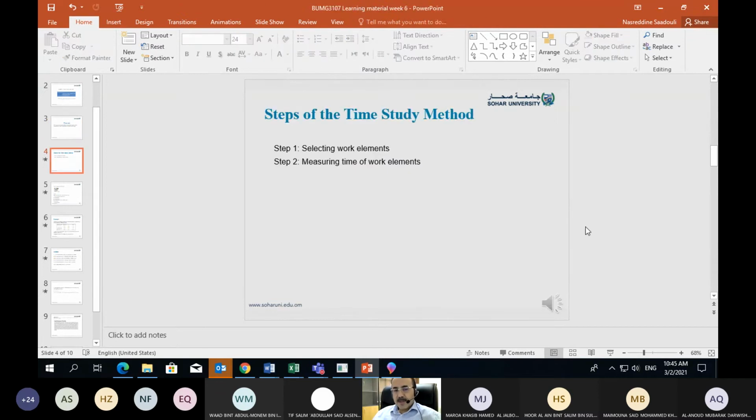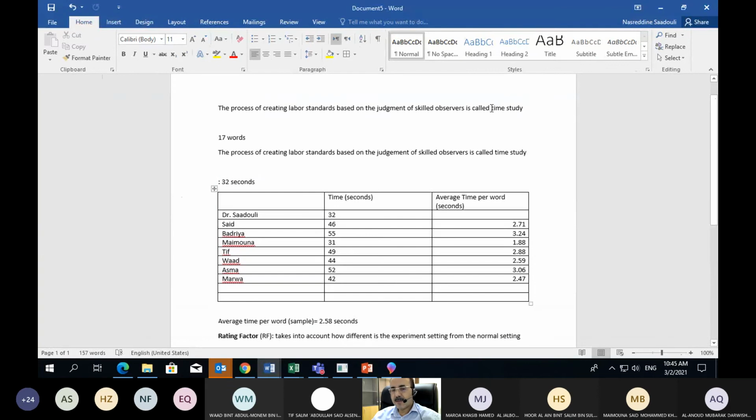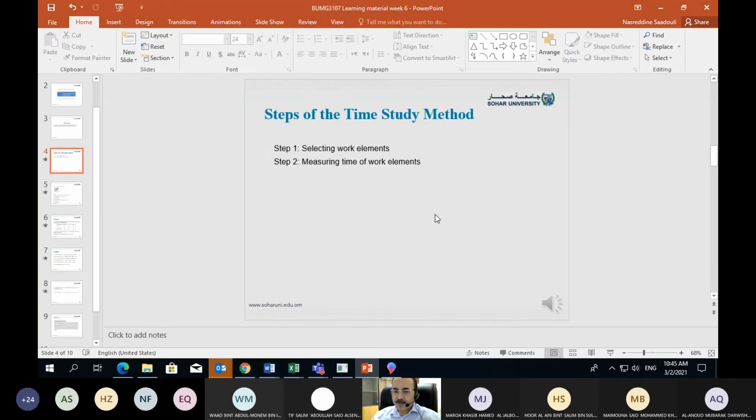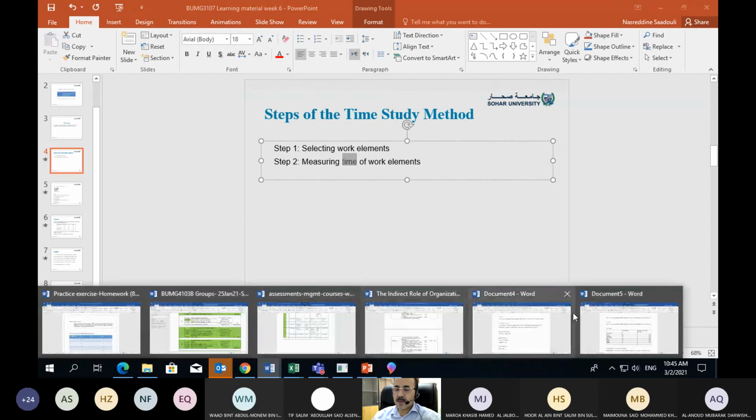The steps were pretty much what we did. First of all, selecting the work elements. Like in our exercise, we said we're going to write this sentence, and we're going to assume that each word represents a work element in a sense. Then we measure the time of the work elements. So what we did was exactly that.